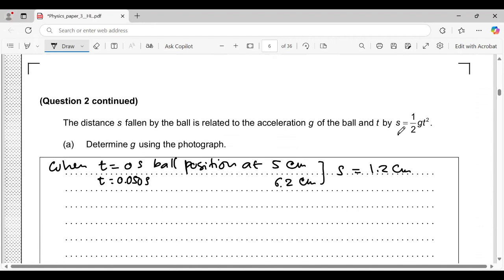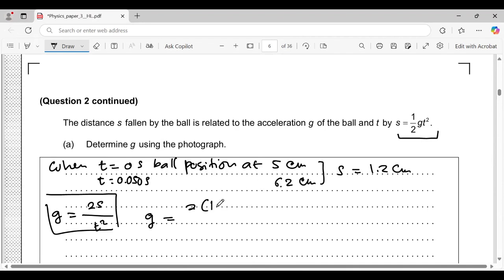Now, based on this formula, if g is the subject, we can rearrange this formula. It's going to be g equals 2s divided by t squared. This is the formula of g. So we can calculate g, just substitute this information: 2 times s equals 1.2 divided by t equals 0.050 second squared.